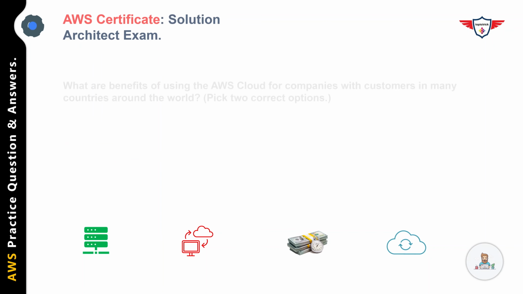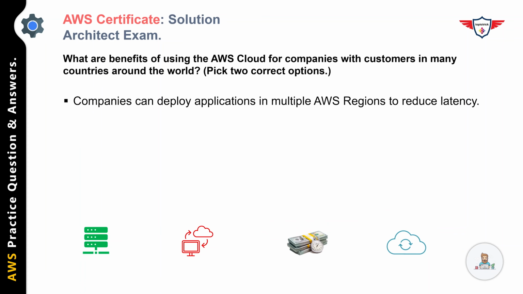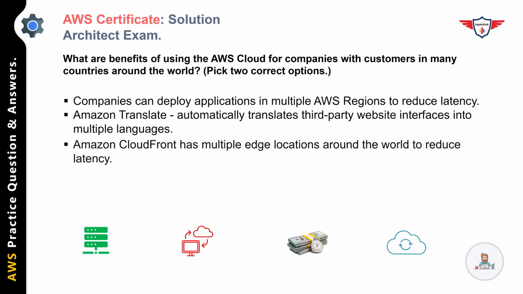What are the benefits of using the AWS cloud for companies with customers in many countries across the world? The options are: company can deploy applications in multiple AWS regions to reduce latency. Amazon Translate automatically translates third-party website interface into multiple languages.